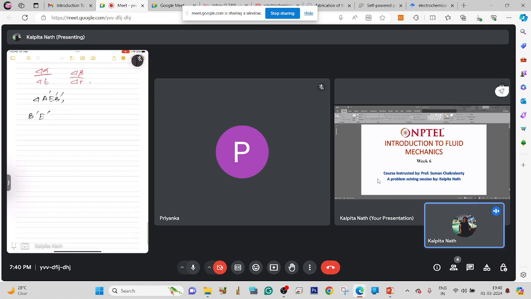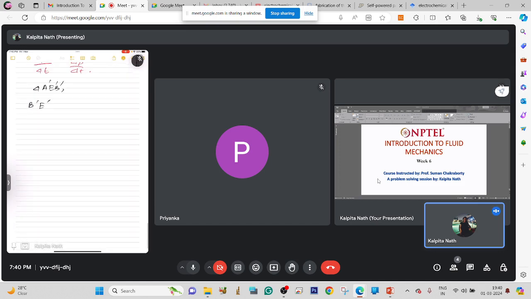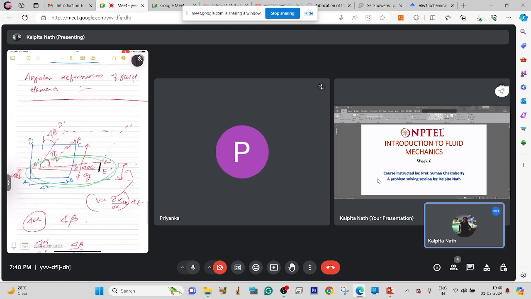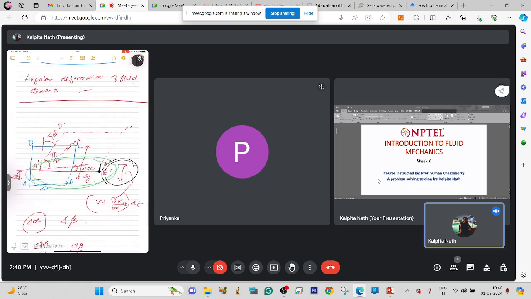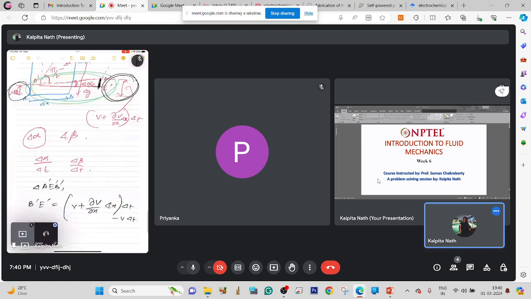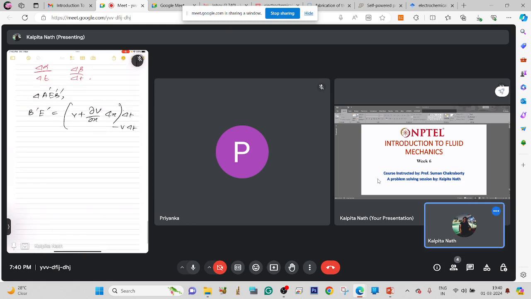So this portion will be equal to v plus del v by del x times delta x, delta t, minus v delta t. It's already given, right? This whole distance minus this distance will give us this distance. So this will come out to be del v by del x times delta x times delta t.